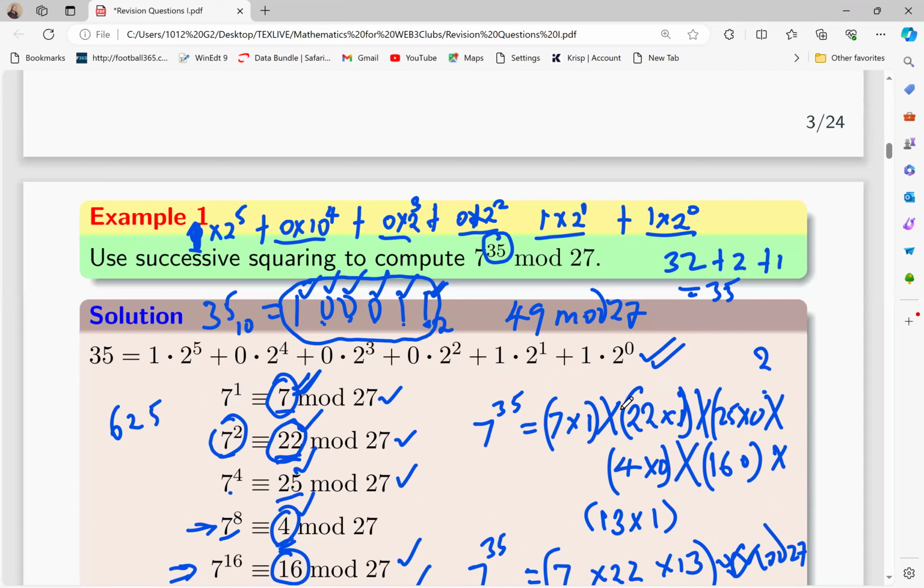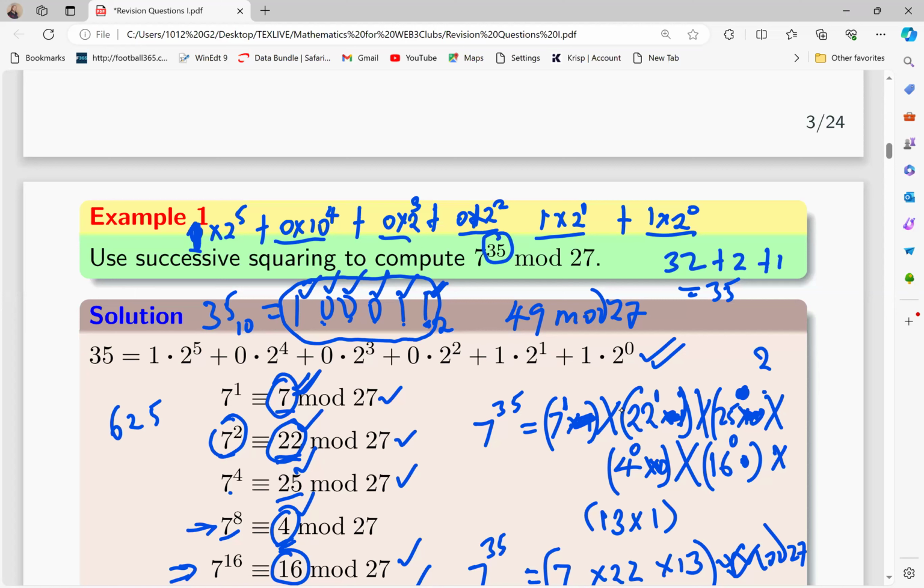Yeah, that's the result. Now, at this point, maybe instead of multiplying here, just raise the power to give us the same result, because when you multiply here, it becomes tricky. So that is 16 raised to 0, then 25 raised to 0, then 4 raised to 0 instead of multiplying. 7 raised to 1 will just be 7. 22 raised to 1 will be 22. 25 raised to 0 will be 1.